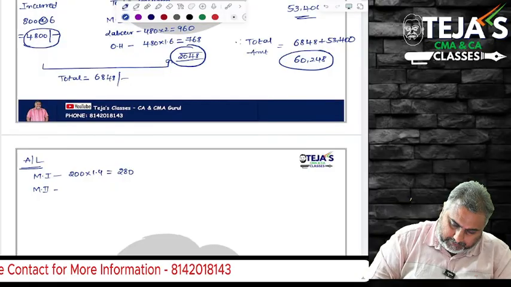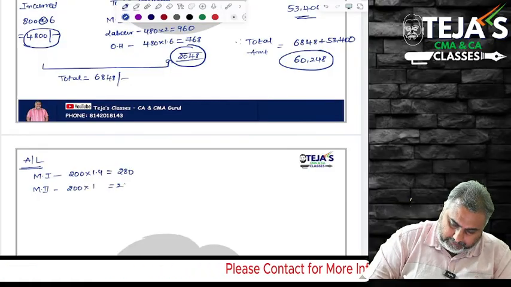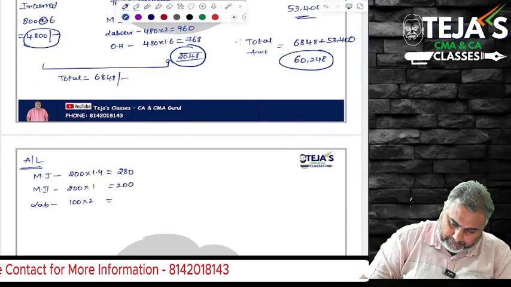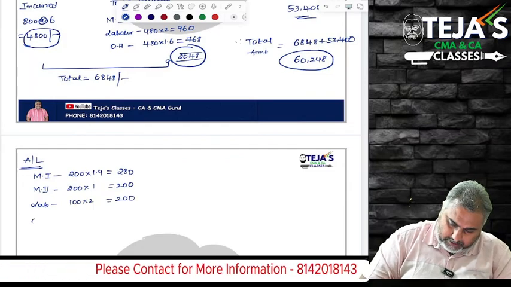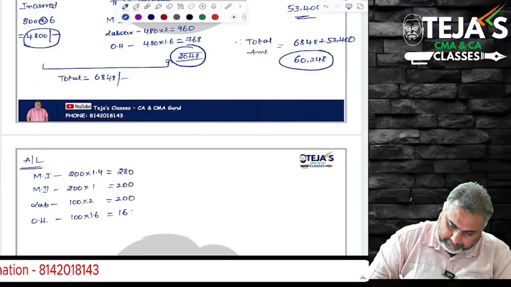Material 2: 200 into 1. Labor: 100 into 2. Overheads: 100 into 1.6.